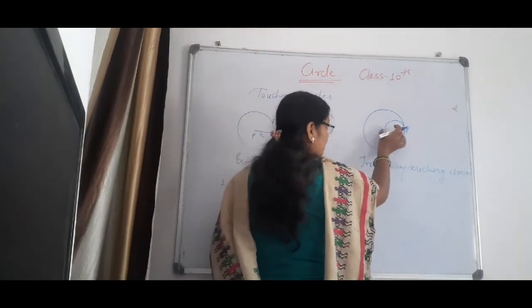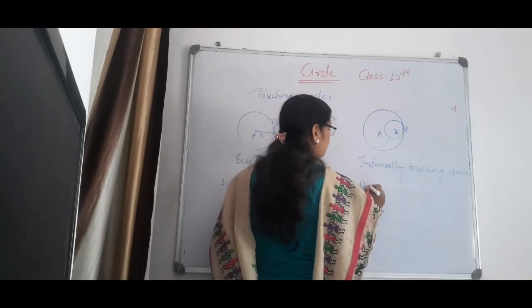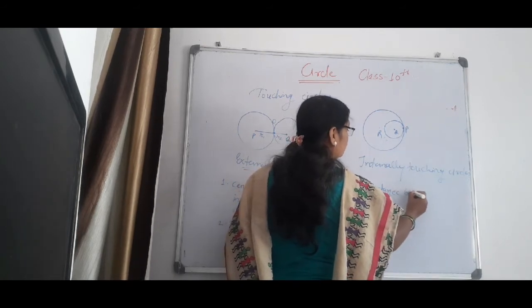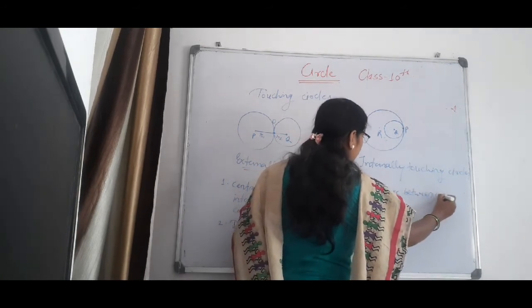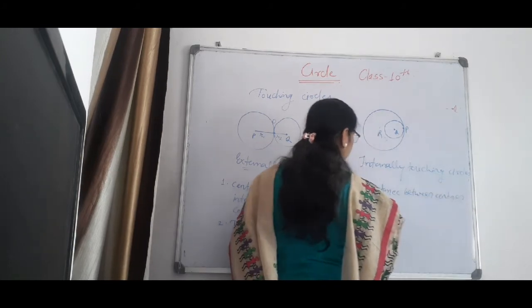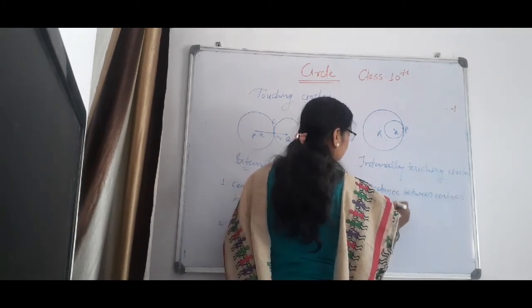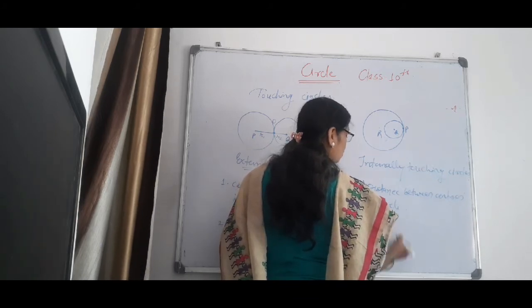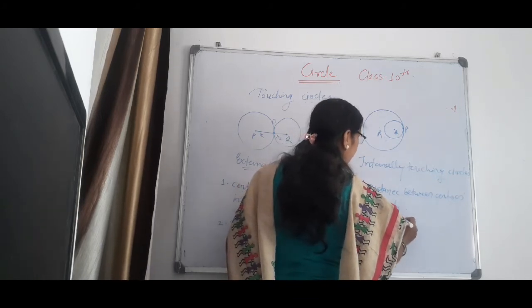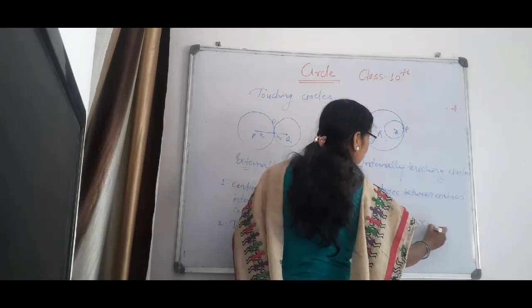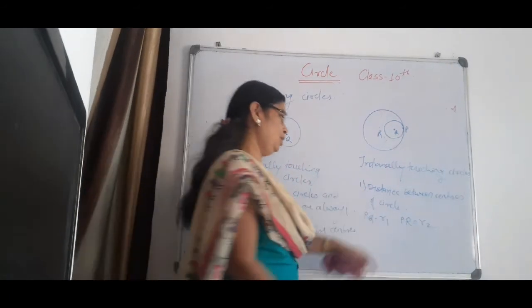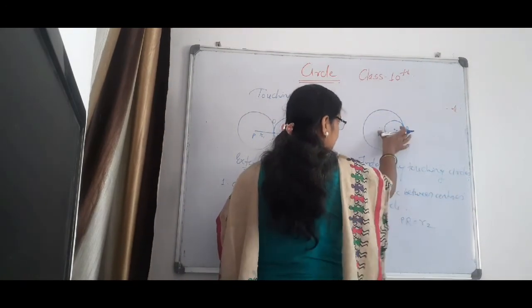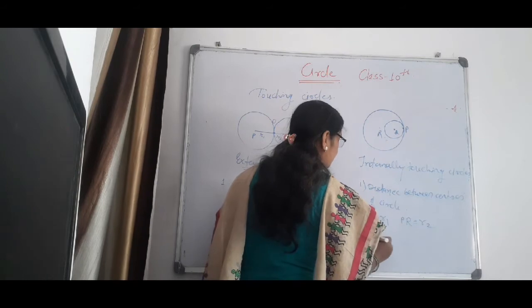If you want to find the distance between these 2 centers, see here, PQ is radius of first circle, and PR is radius of second circle.